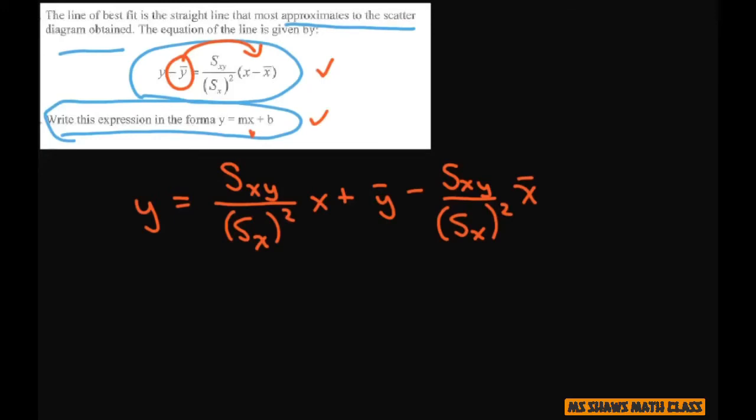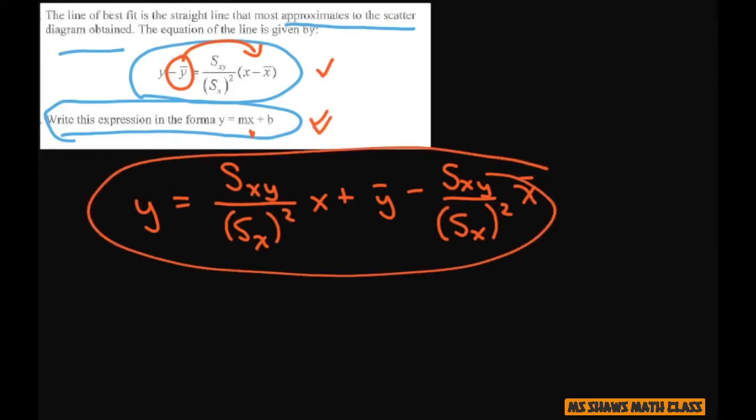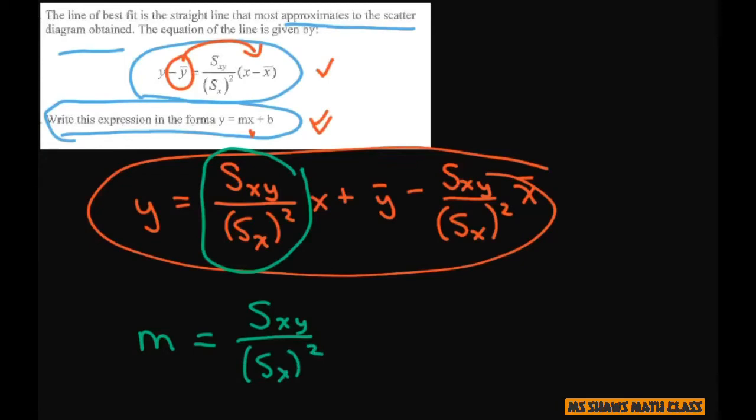So that's just rewriting the formula. All right? And the slope of the line, therefore, is just this. So our slope, m, is going to equal s sub xy divided by s sub x squared.